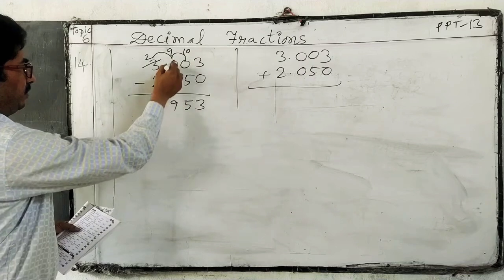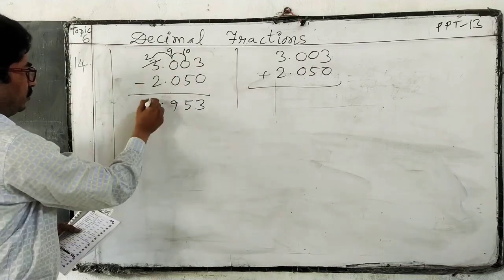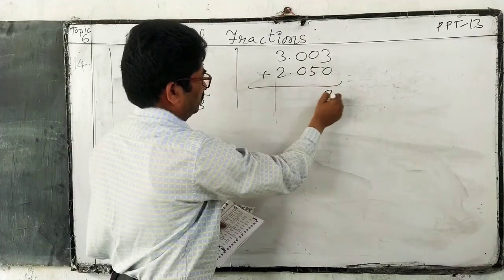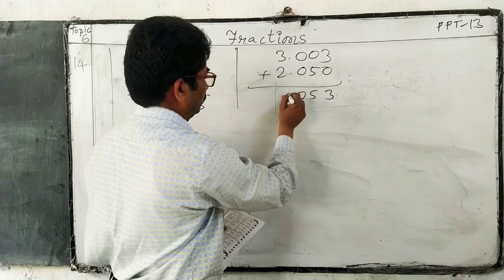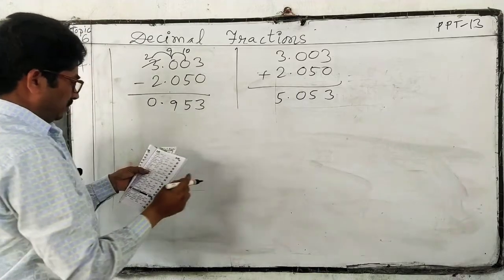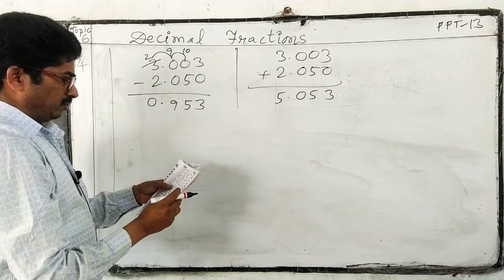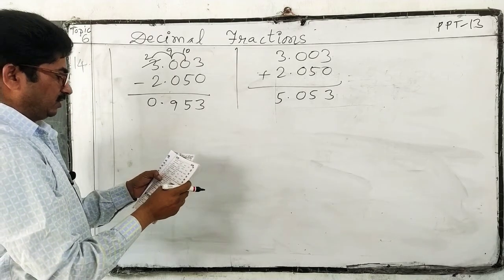Ten minus 5 is 5, 9 minus 0 is 9, 2 minus 2 is 0. This is the difference. Addition: 3 plus 0 is 3, 0 plus 5 is 5, 0 plus 0 is 0, 3 plus 2 is 5. So the difference between 3.003 and 2.050 is added to the sum.